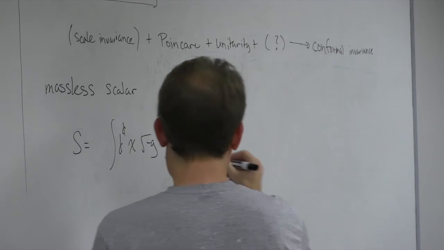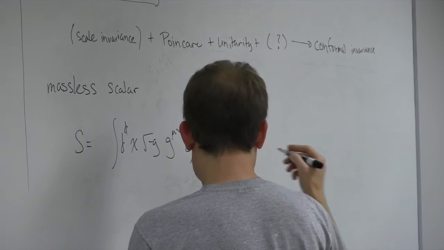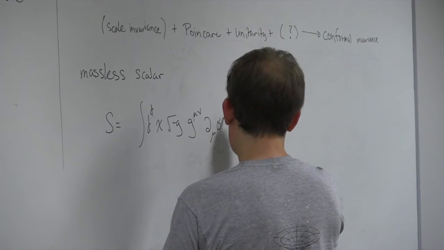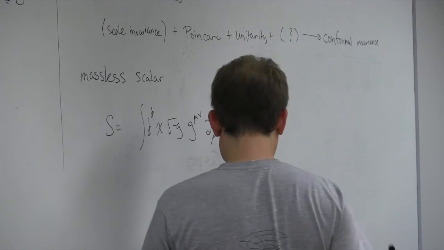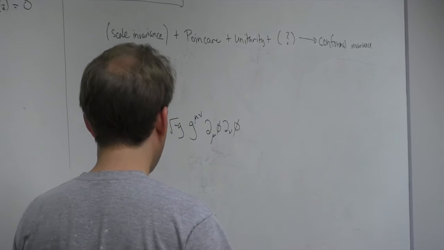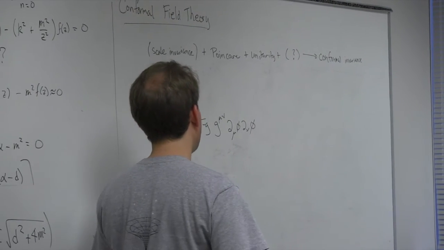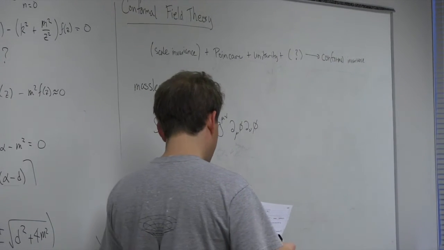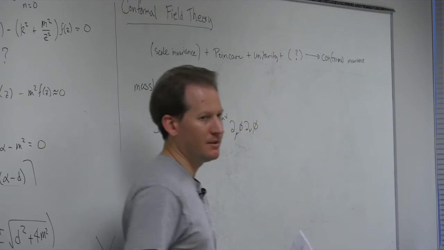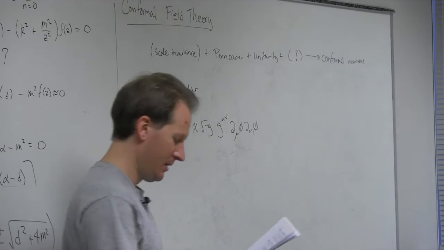This should be the flat space metric. Then you can ask, what are the local symmetries of this action? There are the obvious ones, the Poincare symmetry, but there are more.